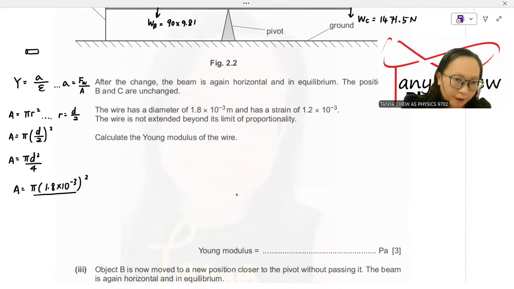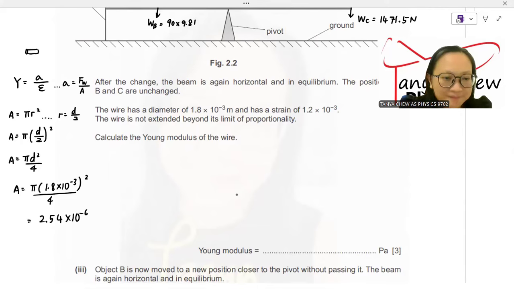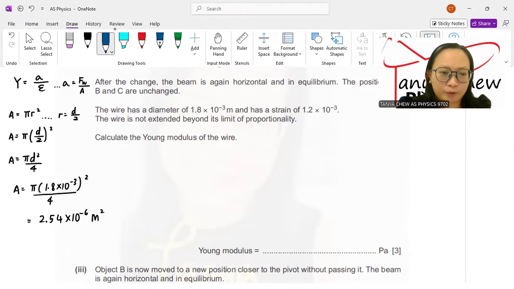Let me do a little bit of calculation: 10 to the power negative 3, squared, and times pi, which is equal to 2.54 times 10 to the power negative 6 meter squared.